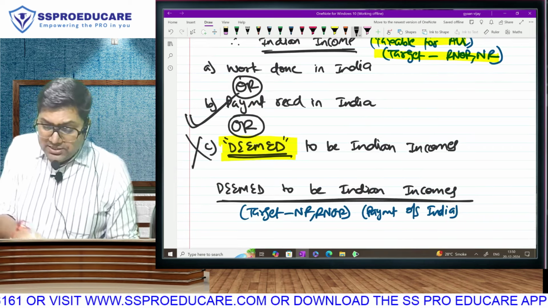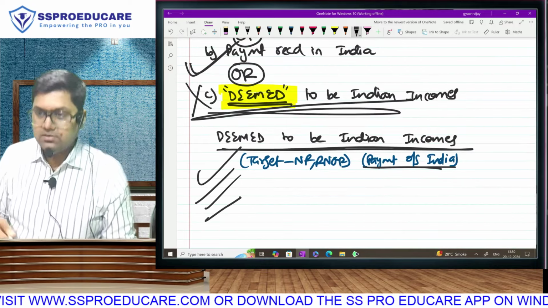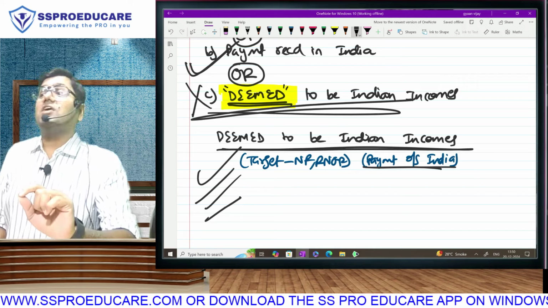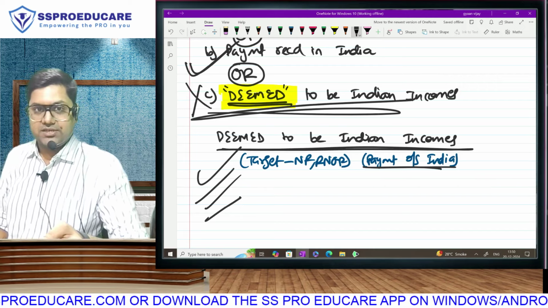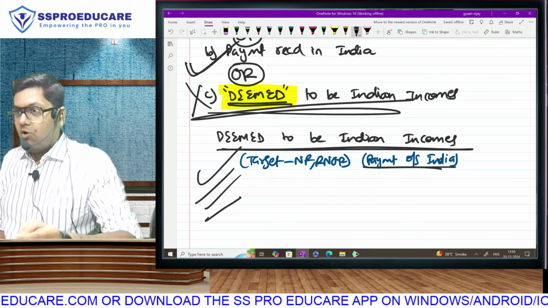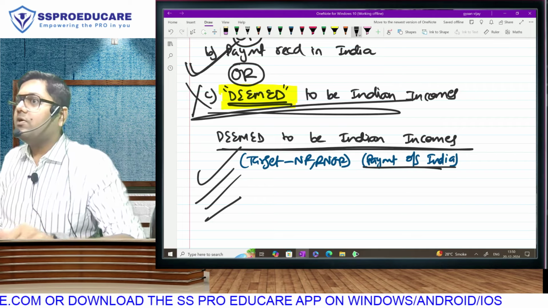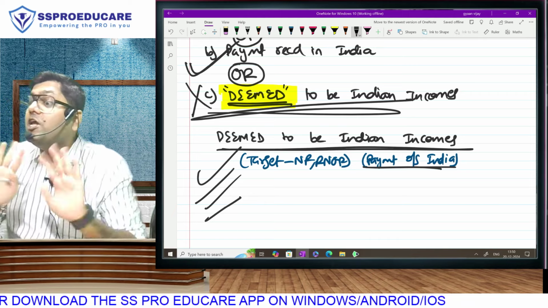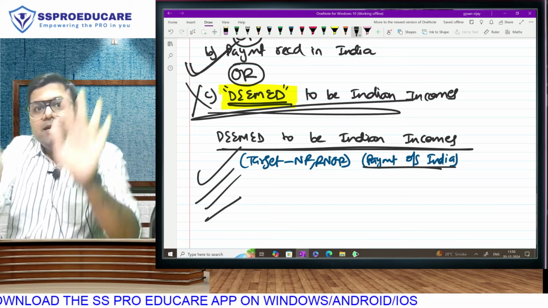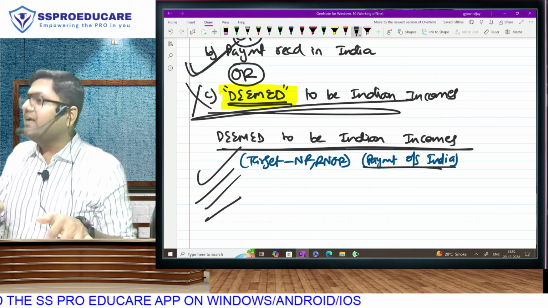So whatever I teach you in this list here, one thing is clear. In any of these transactions, if the payment was done in India, then we don't need the deeming concept, because it is not deemed to be Indian income. It is Indian. When do we need deeming?